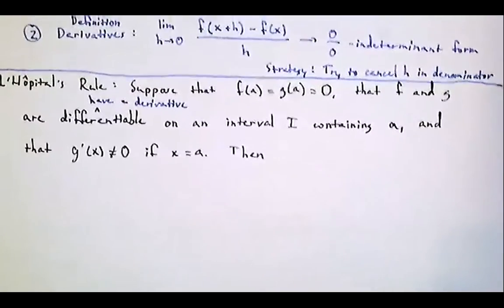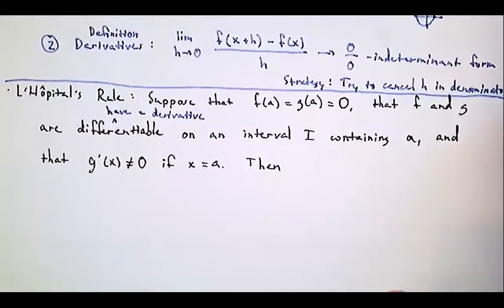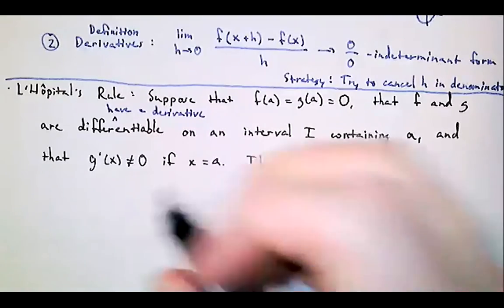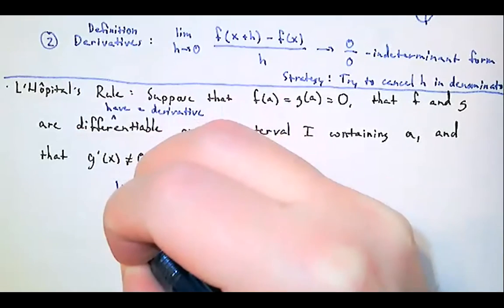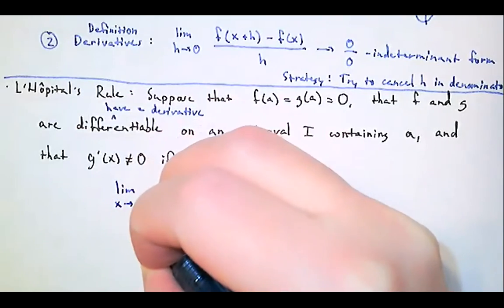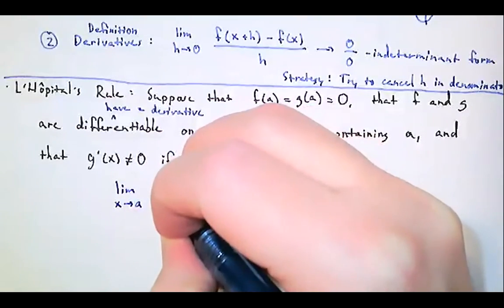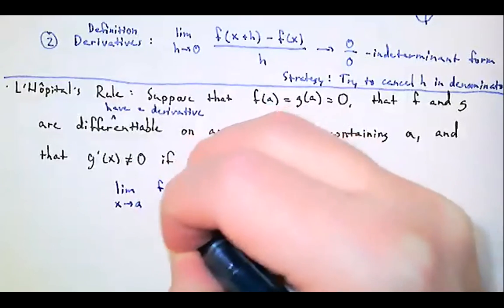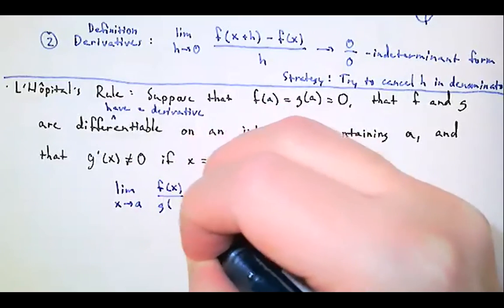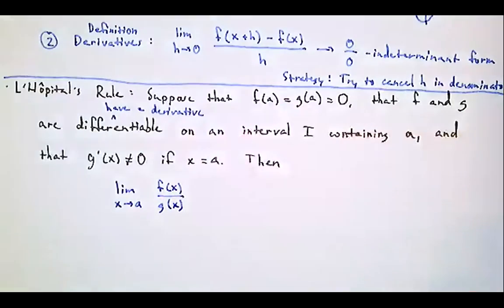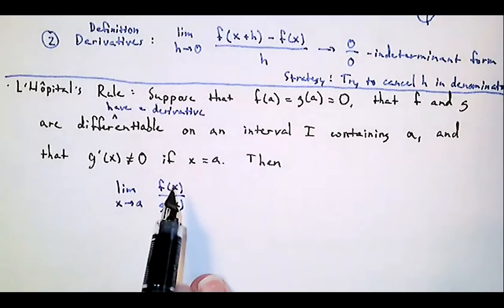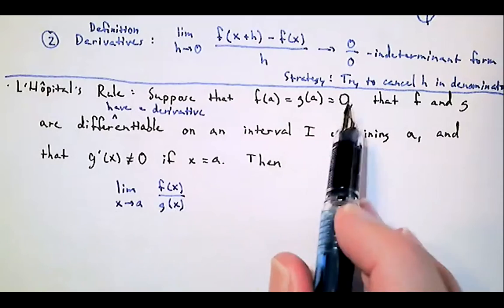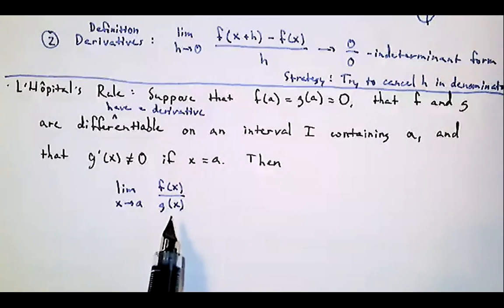Okay, so that setup, like I said, seems complicated, but here's the punchline. This tells us that if we come across a limit like this, and going back, if we plug in a in the top and the bottom, we would get a 0 over 0.